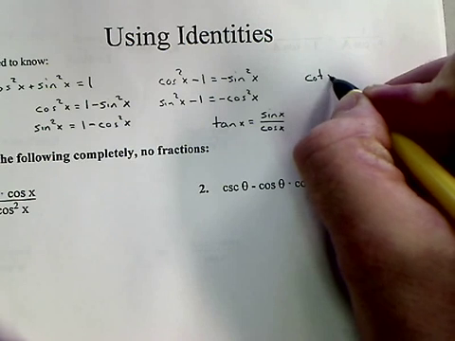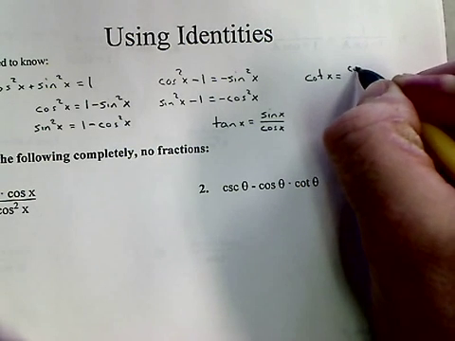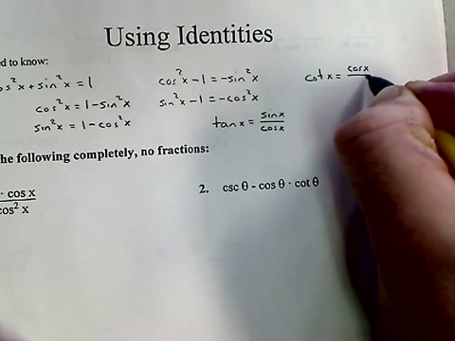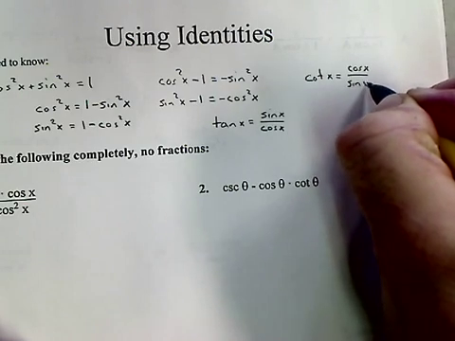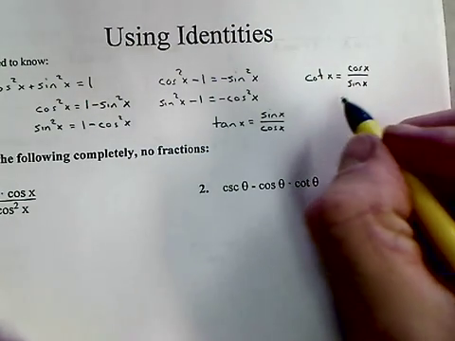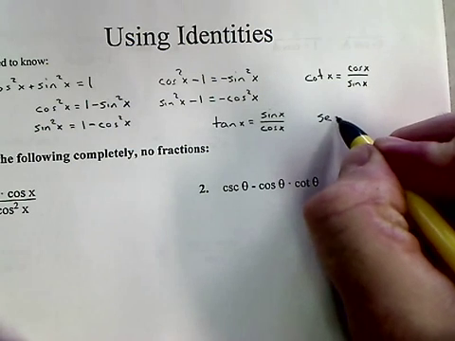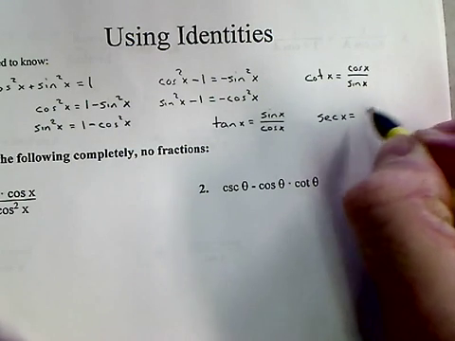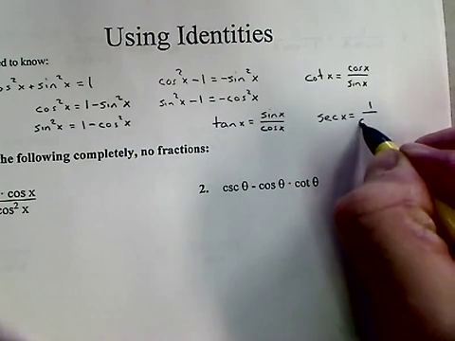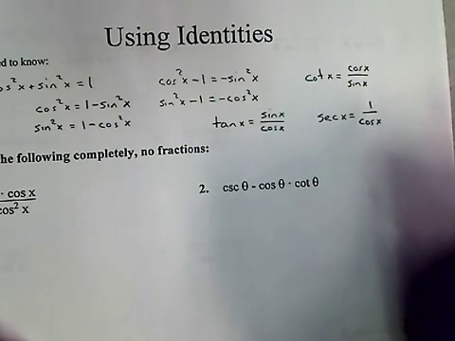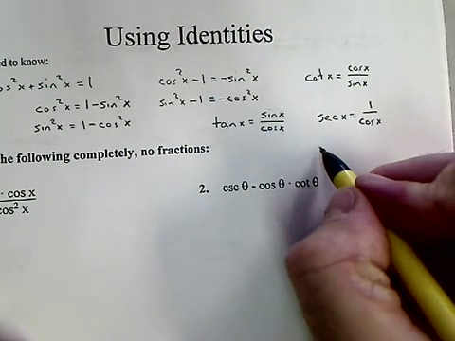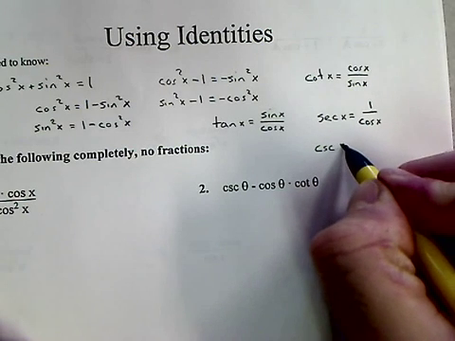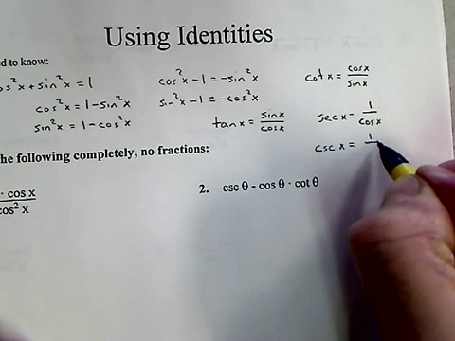Cotangent is cosine over sine. Secant can be changed to 1 over cosine, and cosecant can be changed to 1 over sine.